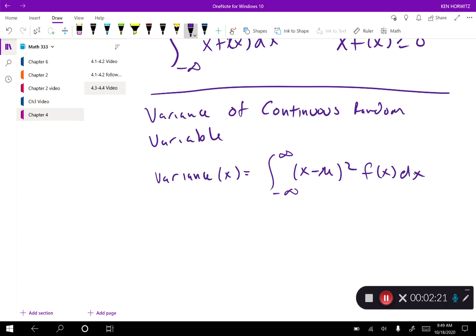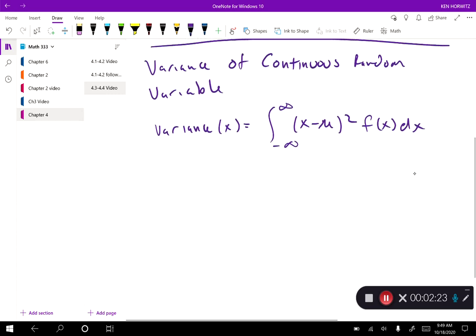And again, we can restrict our values to where our function is defined. So we can basically say it goes from our minimum value to our maximum value. x minus mu squared times f of x dx.